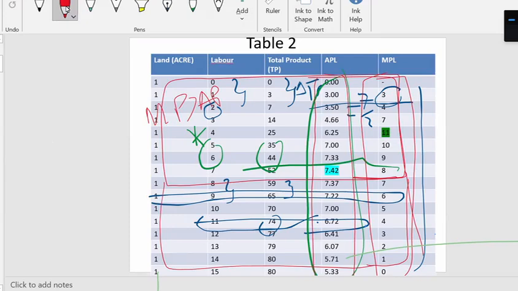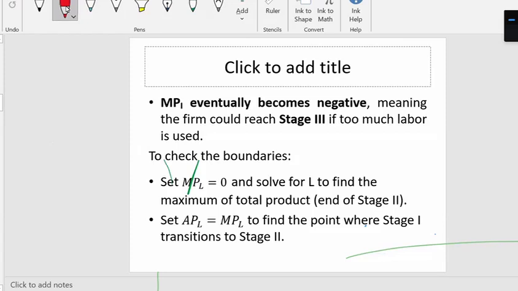Sio kwamba ndio inaweza ikawa inakupa faida kubwa sana. Kuna assumptions, lakini okay, tutakwenda kuziona hapo. What I'm trying to say, to check the boundaries. Hapa tunaangalia mipaka ya watu ambao wanaweza ukawaajiri, ambao hawawezi wakakupa hasara. You get it?